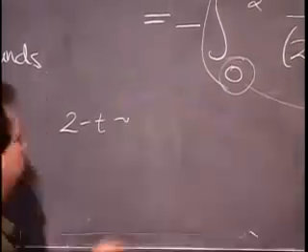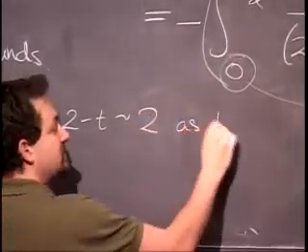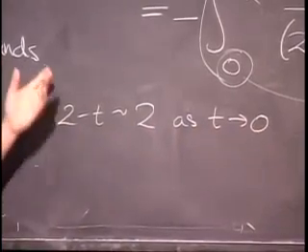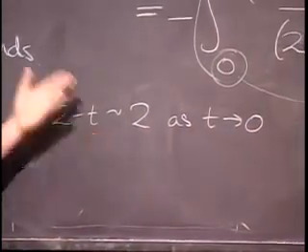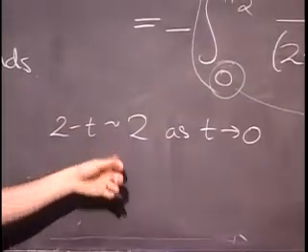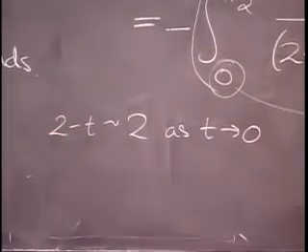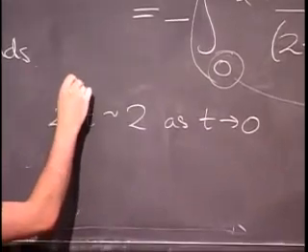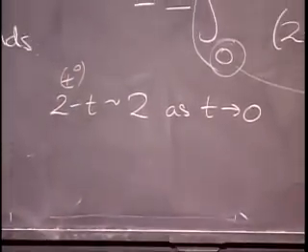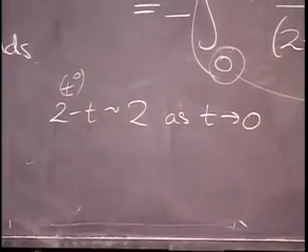It behaves like 2 as t goes to 0. Do you believe it? When t goes to 0, the limit of 2 minus t is actually equal to 2, so of course the ratio goes to 1. The lowest power, in this case 2t to the 0, dominates. So 2 minus t twiddles 2.